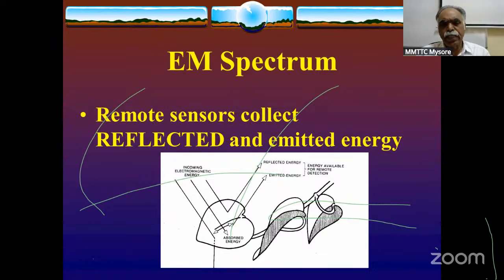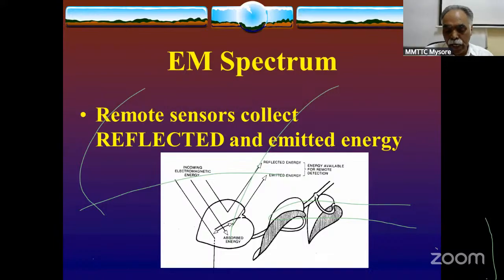So the remote sensors collect the reflected and emitted energy. See, there are two things here, reflected and emitted. When light falls on the ground, immediately it is reflected. When the same point gets heated, it itself becomes a source, which means it will be emitting.